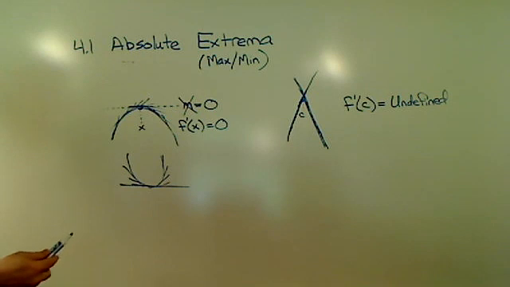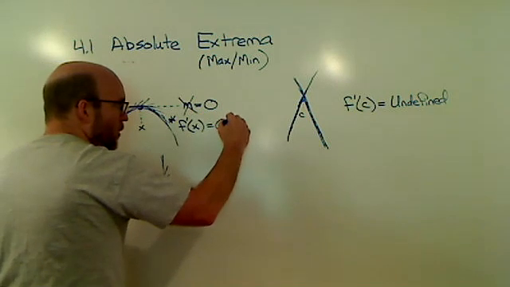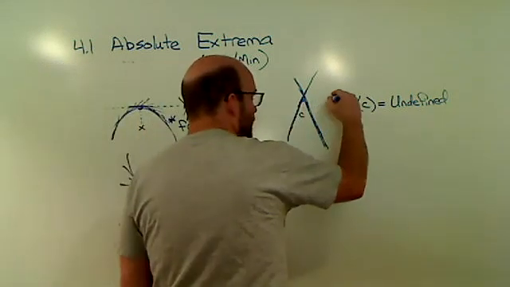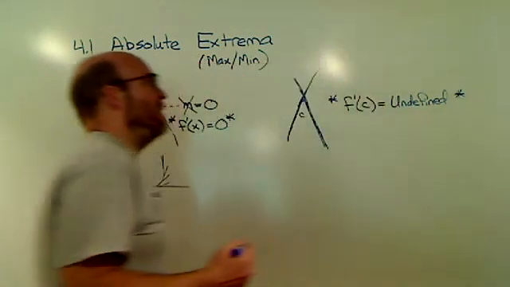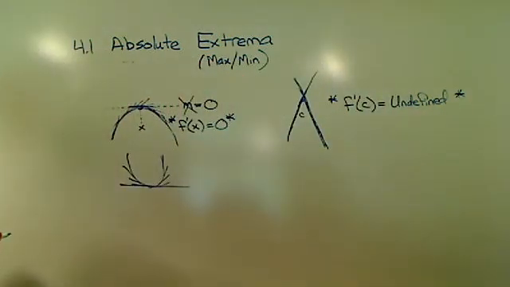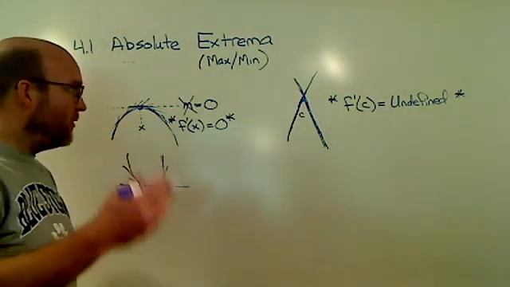So really these are the two things that we're looking for when we're looking for our local maximums and local minimums. Now, that said, we did have some strange cases out there earlier that we're not really going to deal with here. Every function that we're going to be dealing with in this section is going to be continuous everywhere where it's defined.